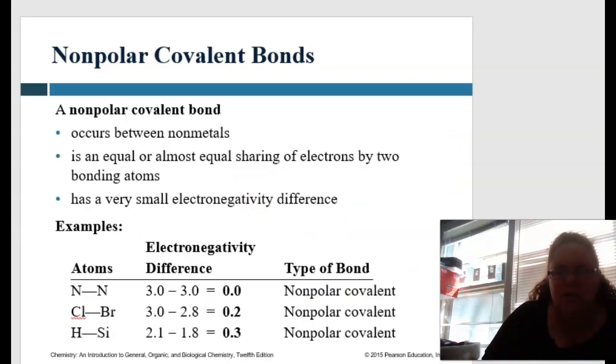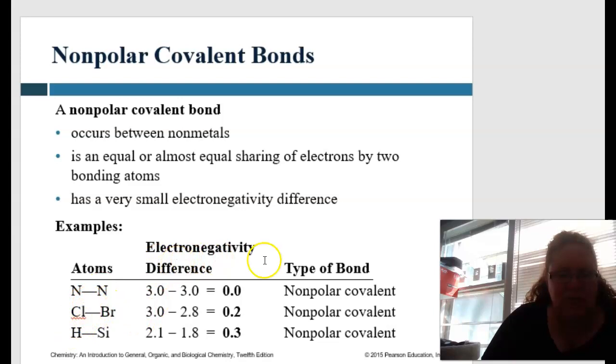So nonpolar covalent bonds. A nonpolar covalent bond occurs between nonmetals. It's an equal or almost equal sharing of electrons by two bonding atoms, and it has a very small electronegativity difference. Some examples would be two nitrogens bonding, or a chlorine and a bromine.